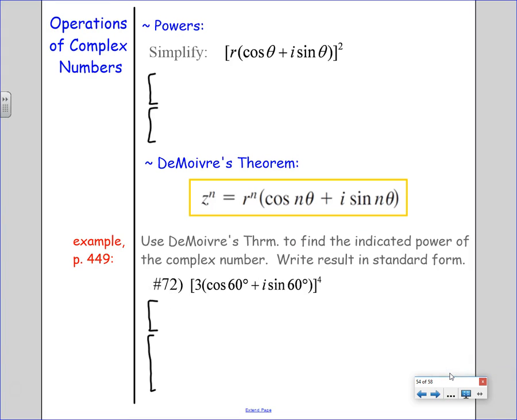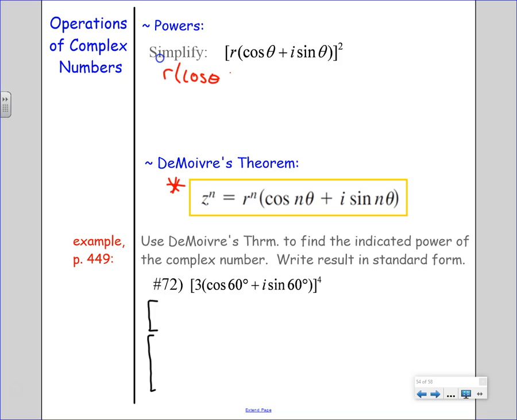Now, I'm just giving you a peek as to how we would have tried to do this if we didn't have this formula. Thank goodness we have a formula. But if we didn't, we'd have to multiply in order to square a complex number.